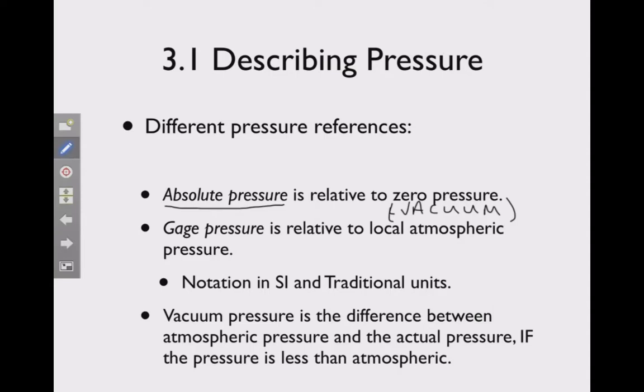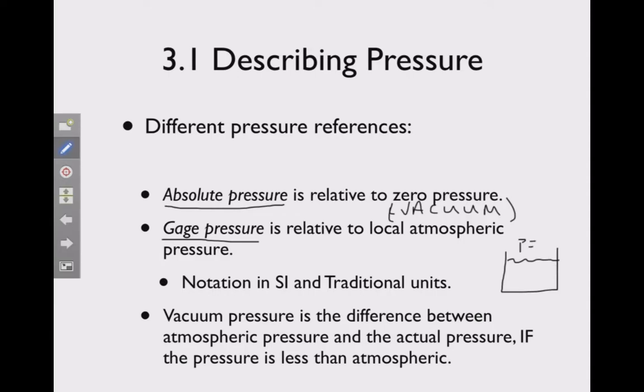But gauge pressure is actually relative to the local atmospheric pressure. This makes our calculations easier sometimes, when we're able to state that the pressure on top of a fluid at atmospheric pressure, if this is a container of fluid, is zero.